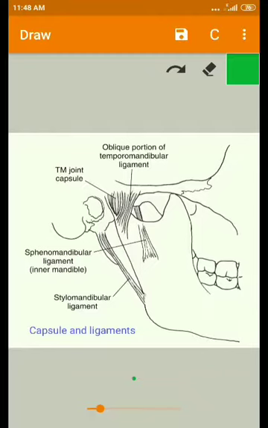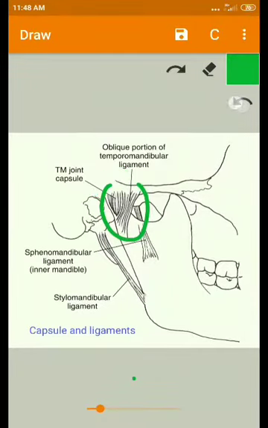Here you can see this is the joint capsule, which is present somewhat deep here. The elasticity of the joint capsule and ligaments is responsible for the available motion in the temporomandibular joint in all planes.